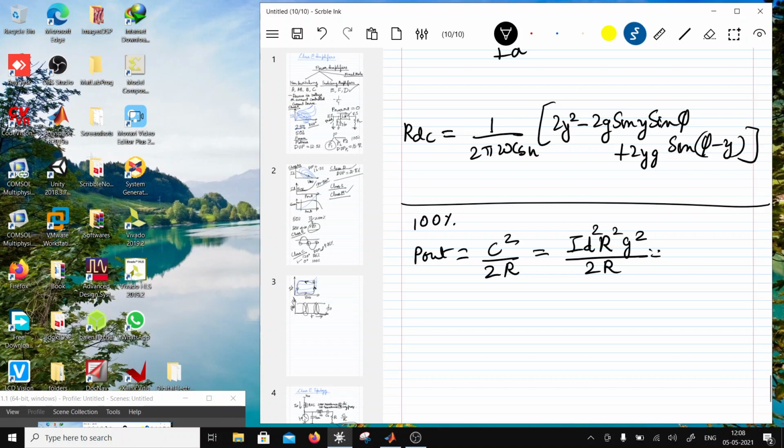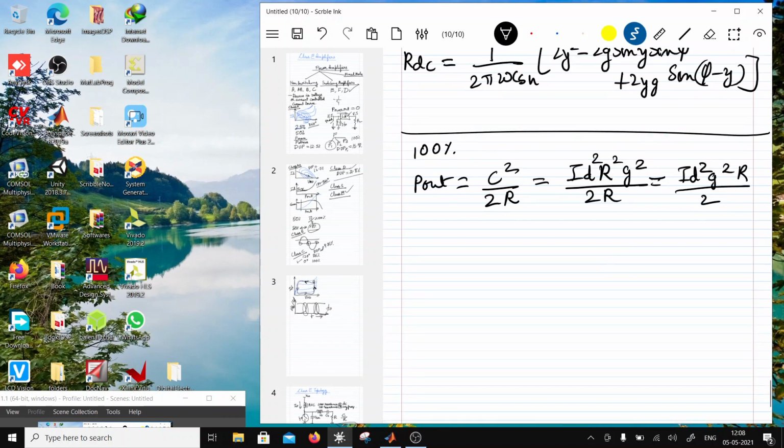So this will be equal to ID square G square R by 2, right? And then we have PDC equal to IDC square or ID square RDC. So if I take P out divided by PDC, then ID square will cancel out.